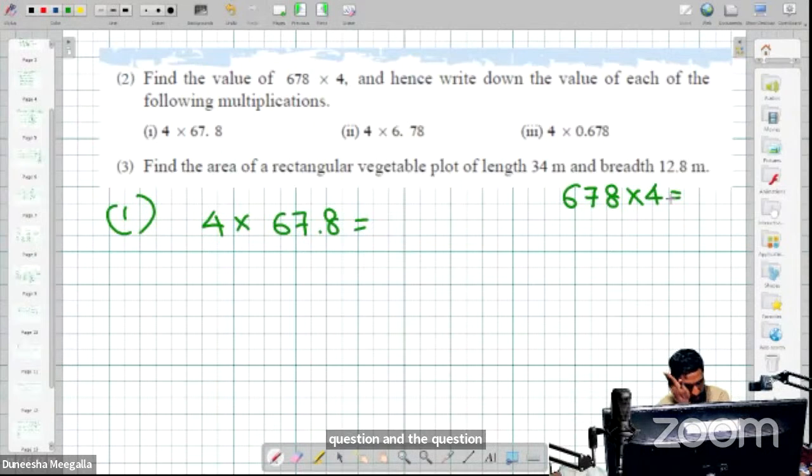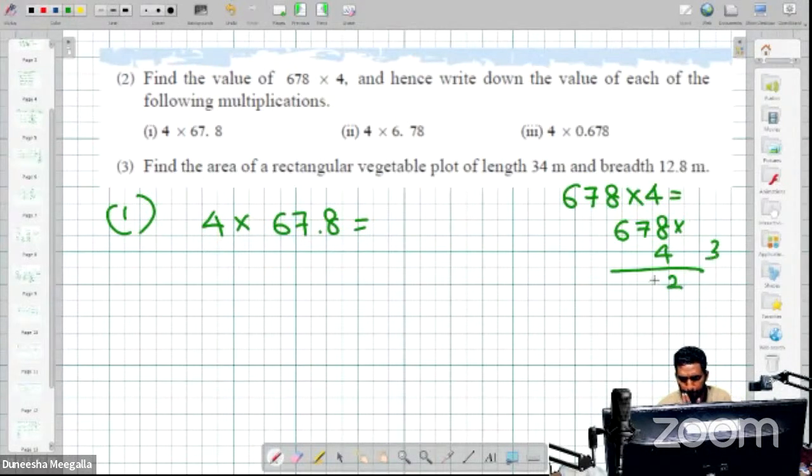Did you multiply and check? 678 multiplied by 4 is 2,712.